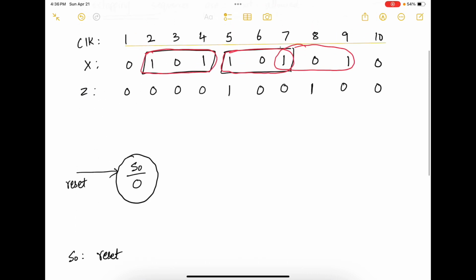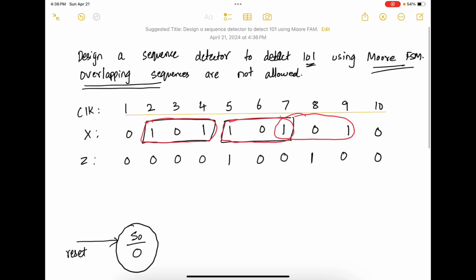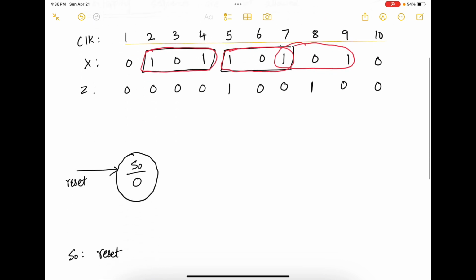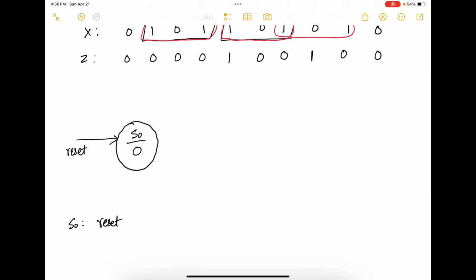Now, when you try to design the FSM, you always go in a path so that you can detect the sequence. We are looking at inputs 1, 0, and 1. So from S0, if you get a 1, you move to state S1 and your output is still a 0, which means you haven't detected your sequence yet. S1 is a state that can be reached from the reset state by giving the input 1.